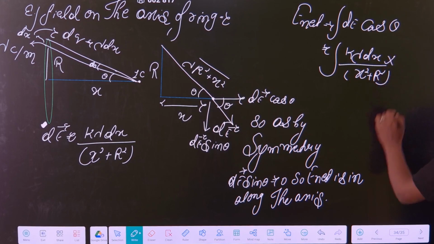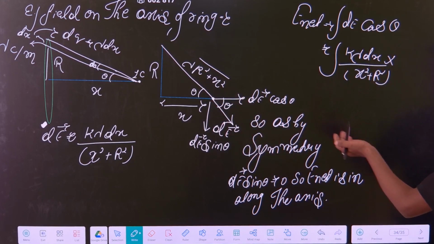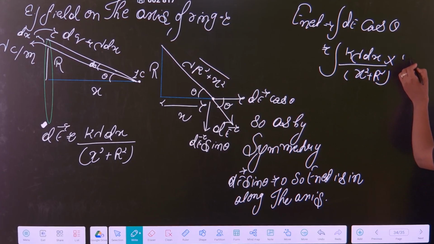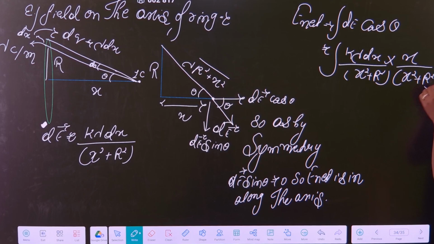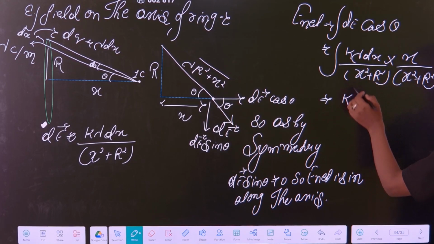What is cos theta? Cos theta, if you write from here, is x upon x square plus r square to the power 1 by 2. So take every constant out.